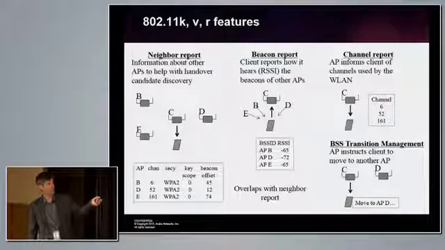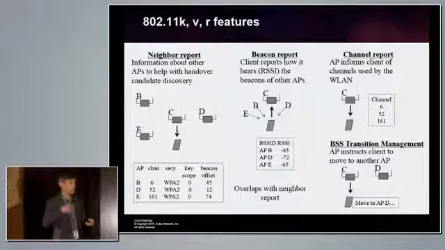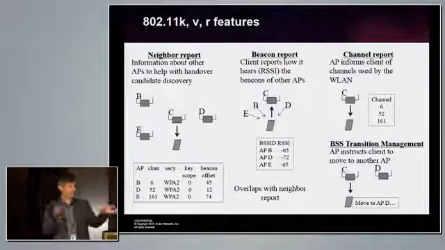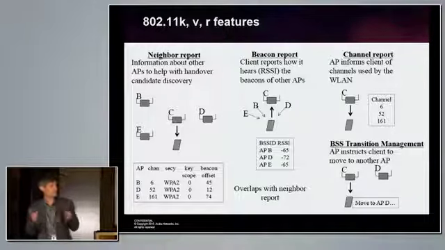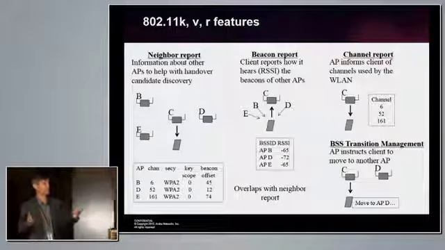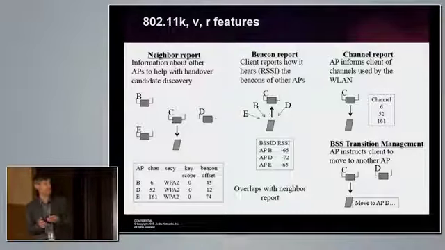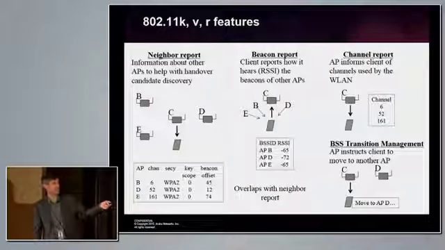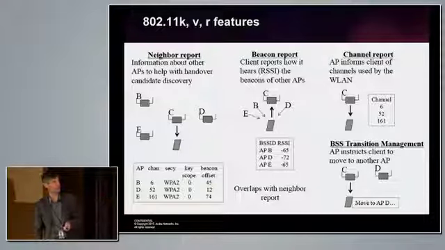Beacon report is actually something that we like to use. It allows the client to tell the AP, these are the signal strengths that I hear various other AP beacons at, and that allows us to figure out where the client is, although, of course, we get equivalent information from the network. There's a channel report.